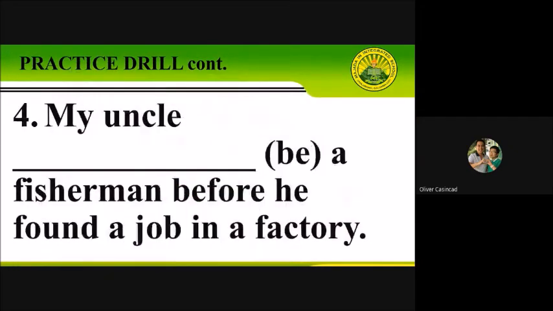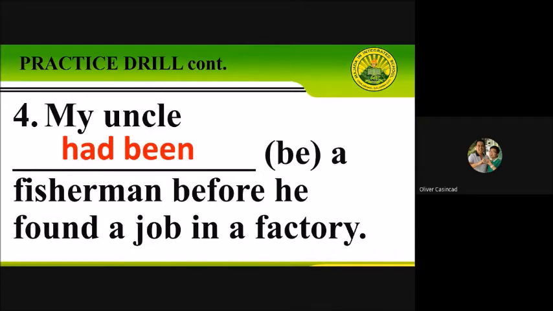Number 4. So we are looking for the be verb. The be verb is very confusing. So the answer is had been, the past participle form of be verbs. What are the be verbs? You have there is, are, am for the present tense, and was, were for the past tense.